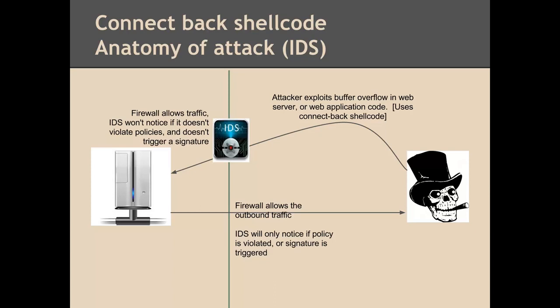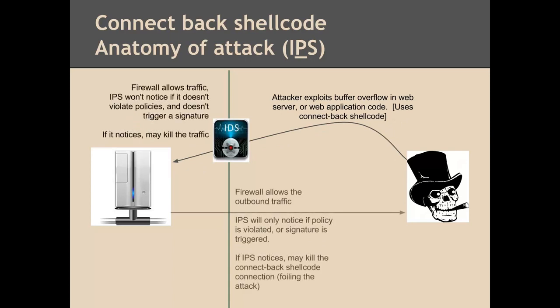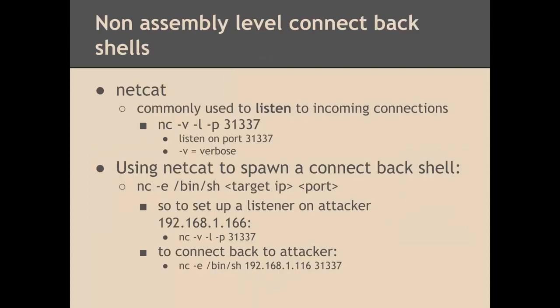And the IDS would only notice if the outbound traffic violated some form of policy, or if a signature was triggered on the outbound traffic. So an intrusion prevention system is very much the same, but if at any point it triggers a signature, it may kill the traffic at that stage.